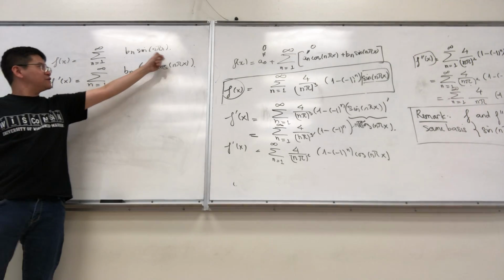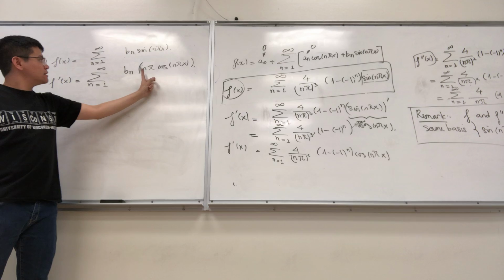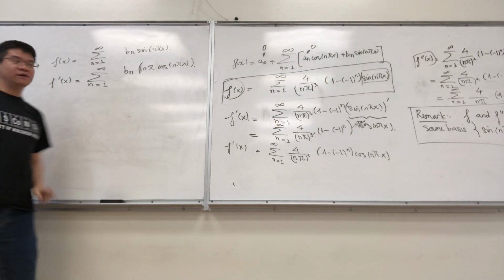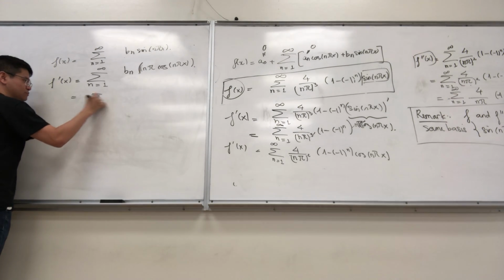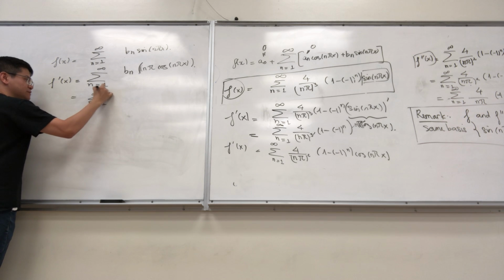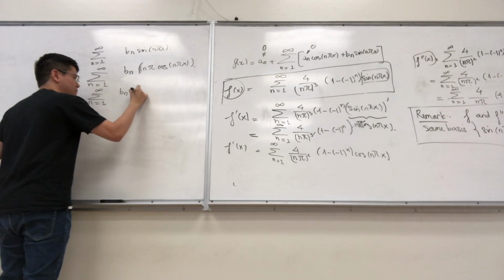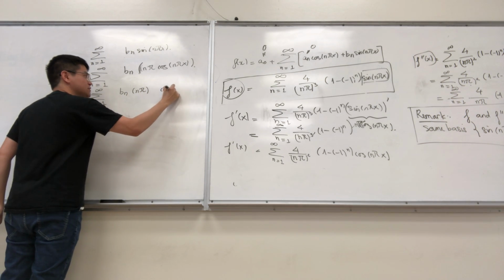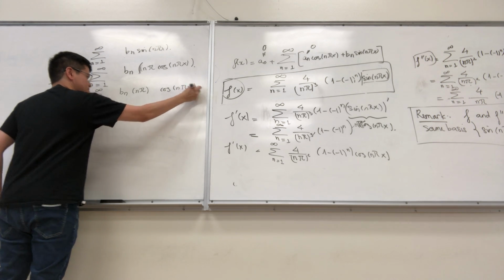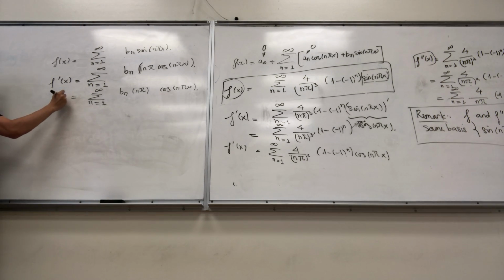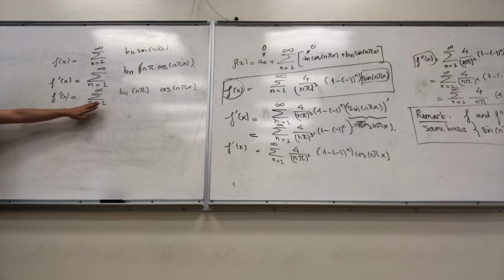So the first time I differentiate, I'm going to get one factor n pi. So the first time we differentiate, we get an n pi.